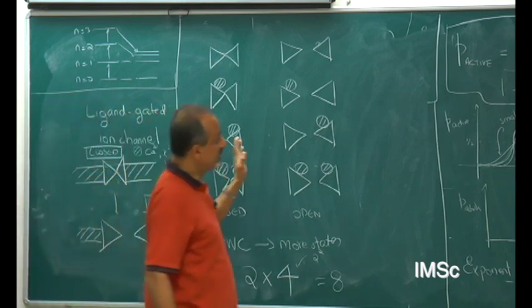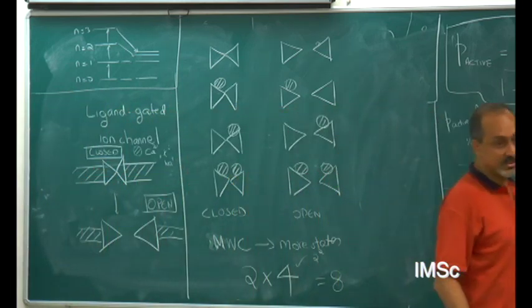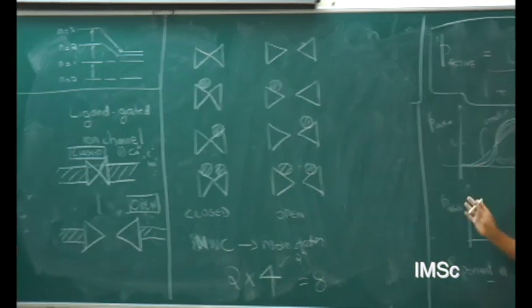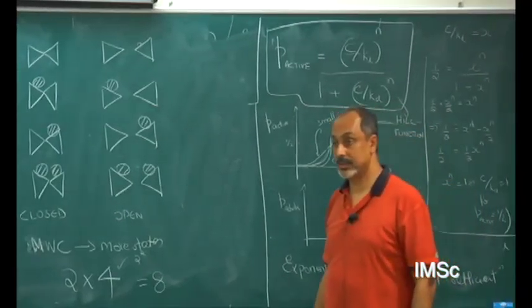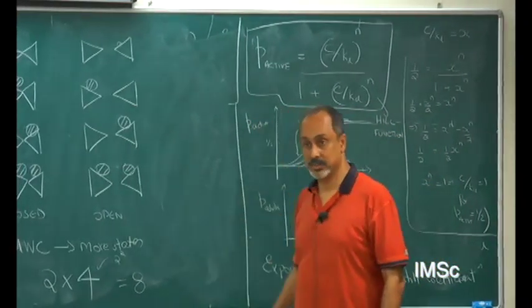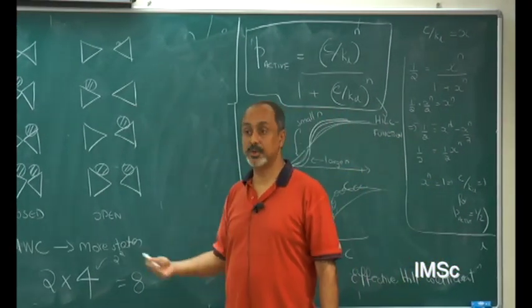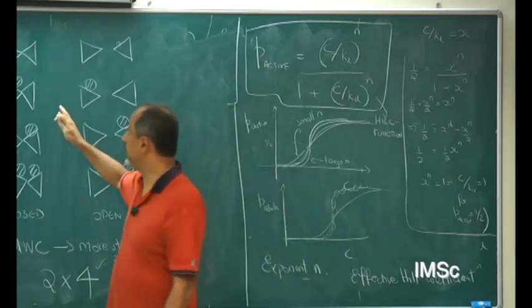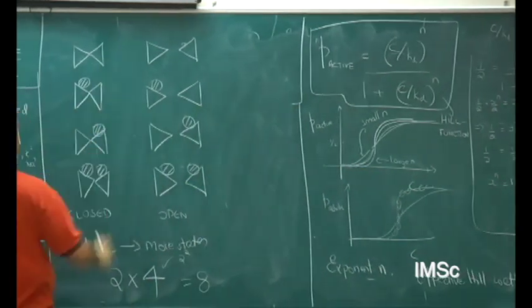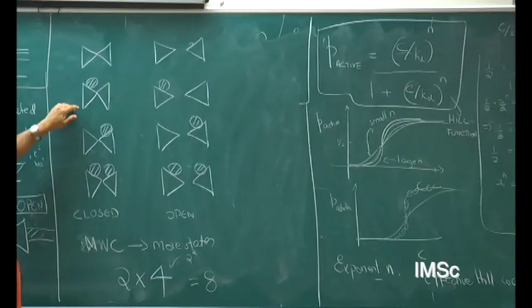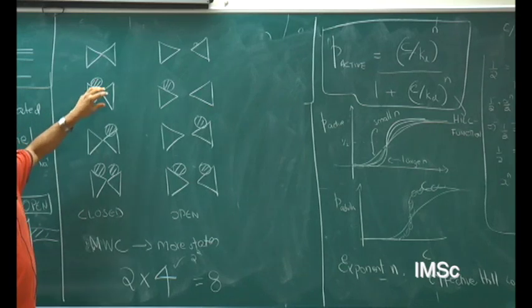Over here, the same sort of arguments that we used to think about the more general version of the MWC model also work. Each of these states has its own energy. This is the energy of the closed state, the energy of the closed state plus one ligand and the chemical potential term.